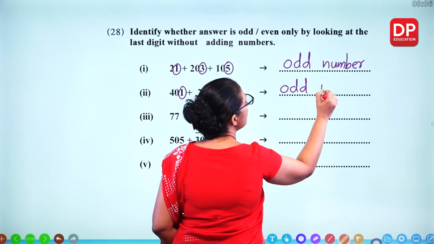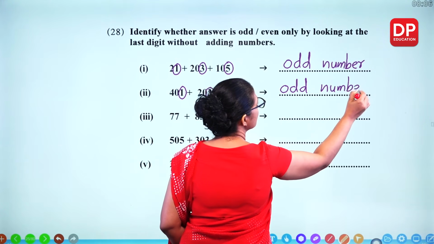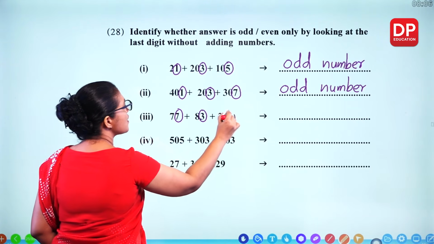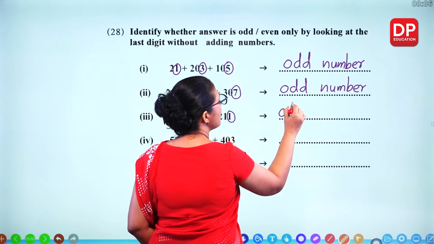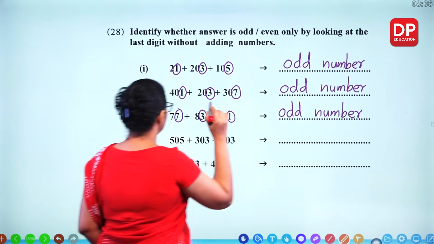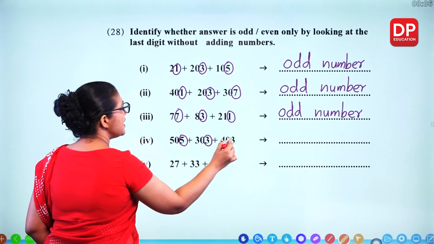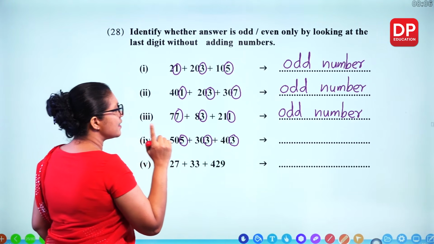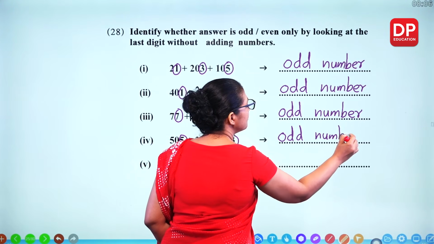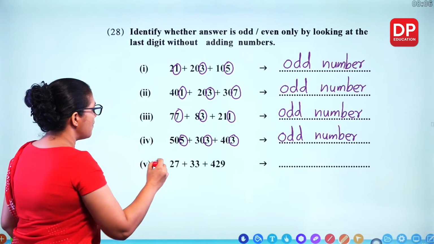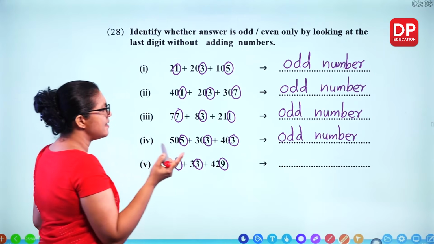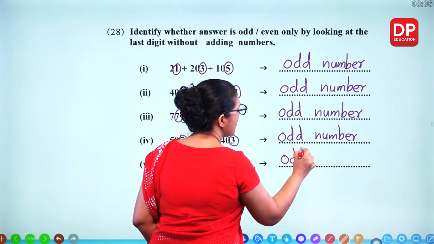You get odd number. 7 plus 3, 10. 10 plus 1, 11. That's an odd number. 5 plus 3, 8. 8 plus 3, 11. That's an odd number. This one, 7 plus 3, 10. 10 plus 9, 19. 9 is the last digit. That's an odd number.